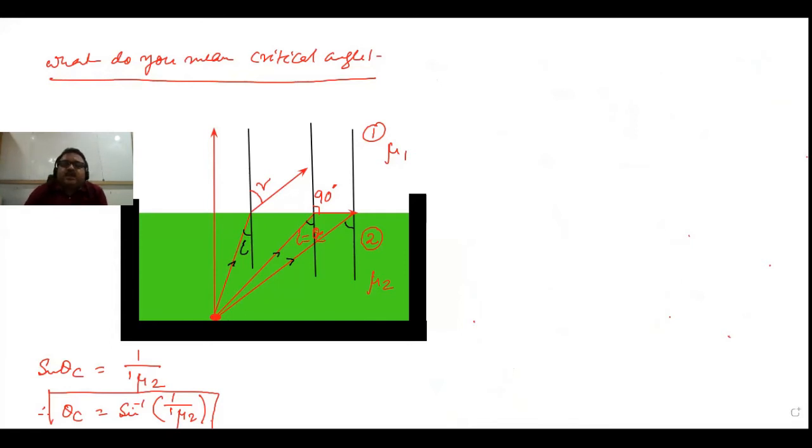Look, if a ray of light is now falling on this surface of separation at an angle which is greater than the critical angle for that pair of media, meaning i greater than theta c. Be careful. Now what will happen? No light will be reflected. No light will be refracted, the entire light ray will be reflected, correct? Entire light ray will be reflected.